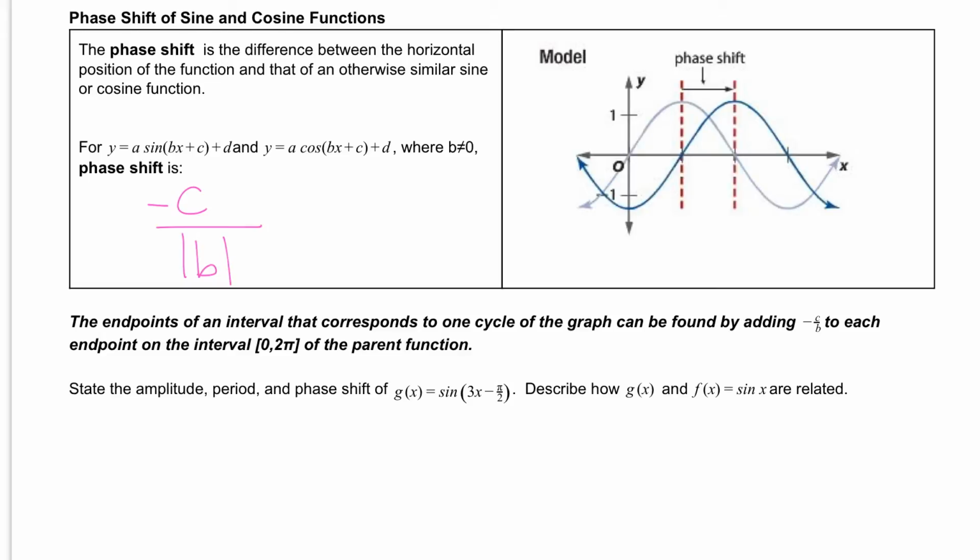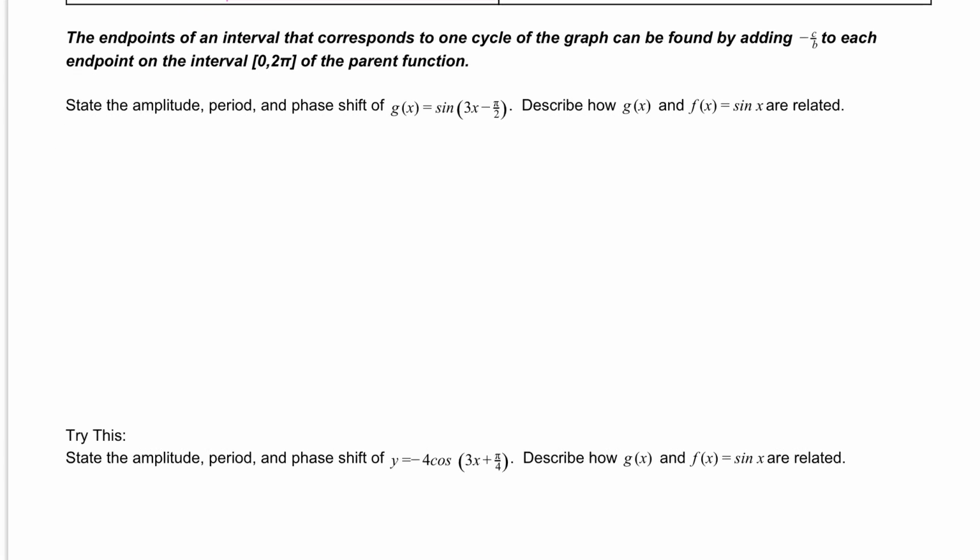Now below, we want to state the amplitude, the period, and the phase shift of g of x equals the sine of 3x minus pi over 2, and describe how it is related to the regular sine of x. First thing we're going to start to do is start labeling our a, our b, and our c value. So in this problem, our a value is the amplitude.